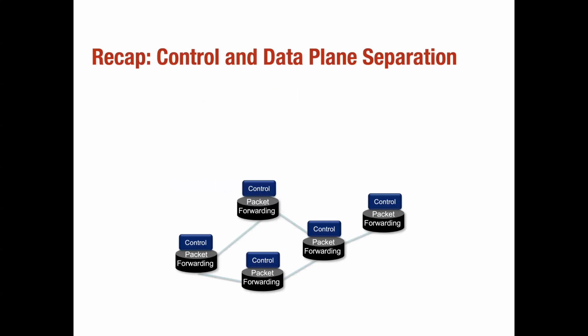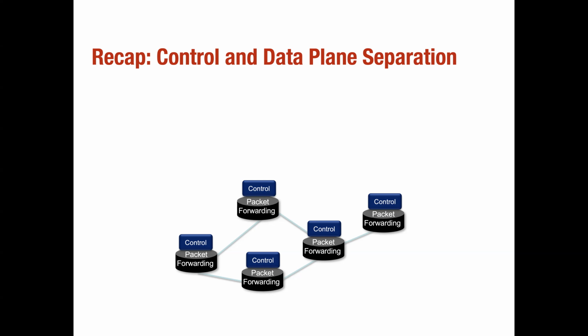Another view of software-defined networking, or key component, is the separation of control and the data plane. So the traditional view of a network is a router, which is handling the packet forwarding part, but also has this control part sitting at the top of the router, right? So think about a router where we have the brain of the router sitting on top of the routing control platform itself.